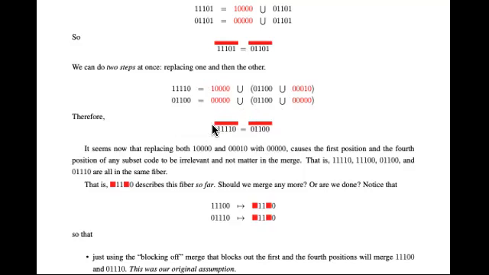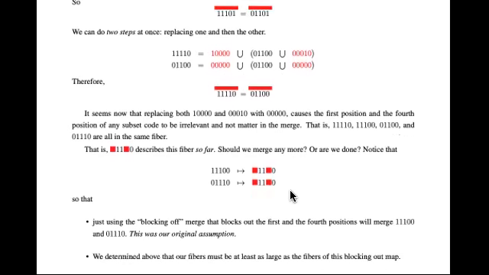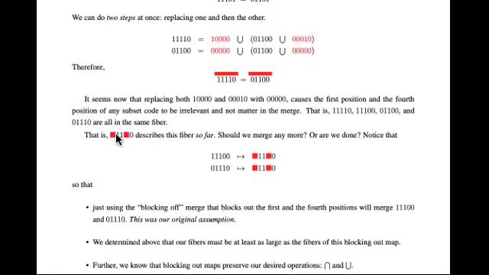Okay. And likewise, it looks like it. In fact, this is kind of what we're getting at. Anytime you know that everything outside of these blocks is the same, you're going to be in the same fiber if you just ignore that.